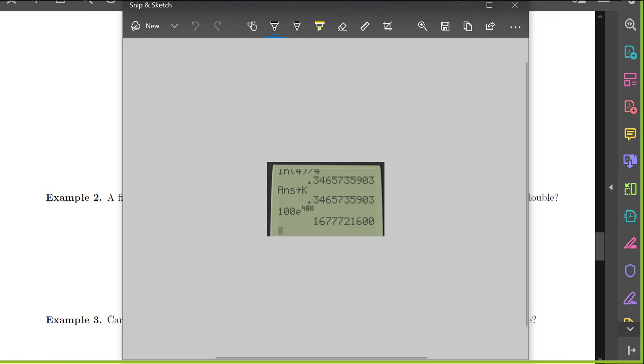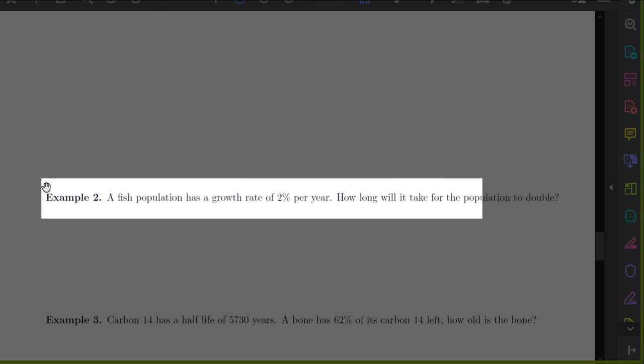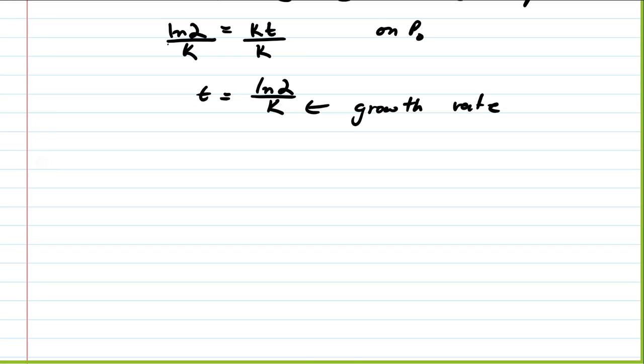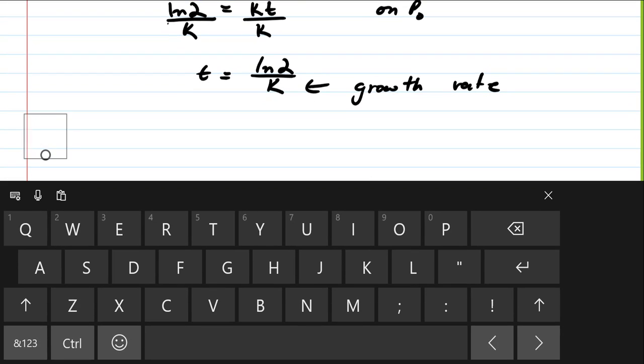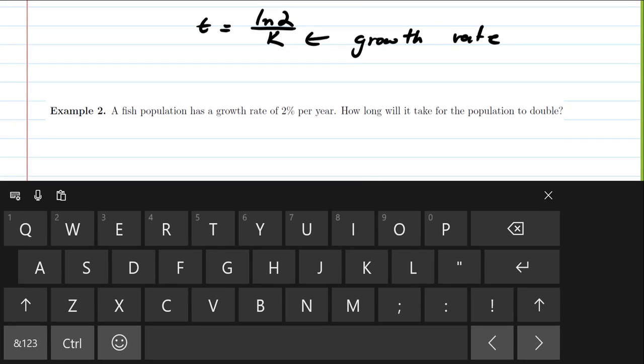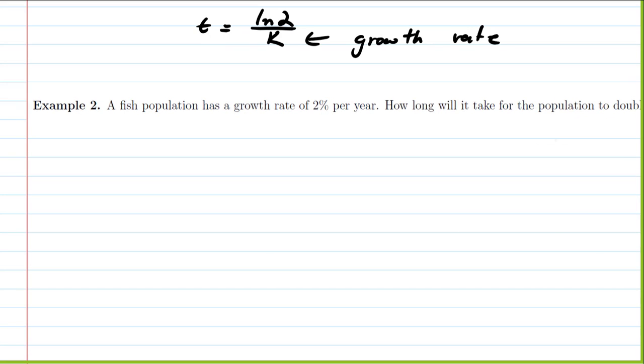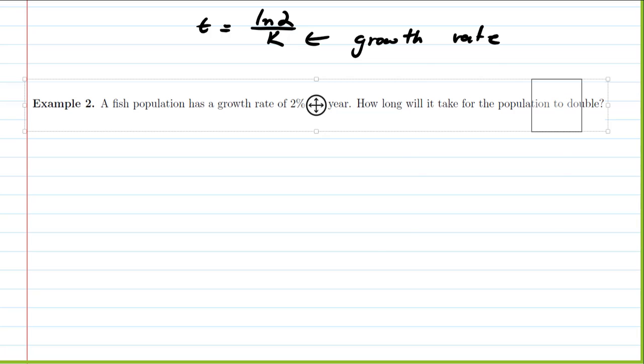All right, so example number 2 asks us about that explicitly. A fish population has a growth rate of 2% per year. How long will it take for the population to double?